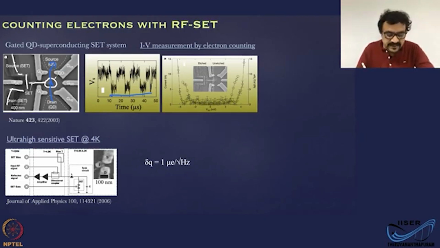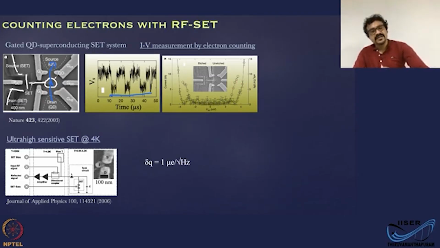And interestingly, they were able to correlate the tunnel rate that they observed with the direct current measurement. One axis is the current in femtoamps that they measured, and what you are seeing here is the current that they calculated by observing the tunneling events using the RF SET. In this case, it's a superconducting radio frequency single electron transistor.